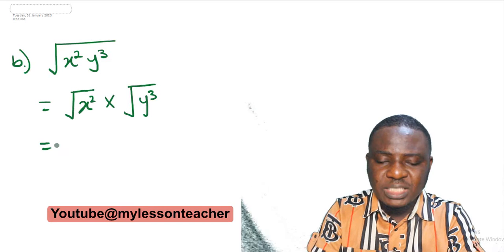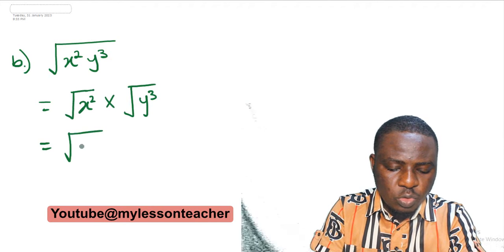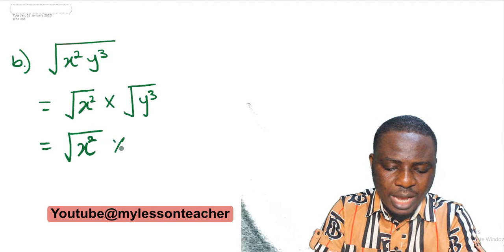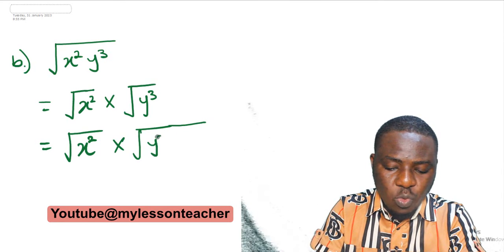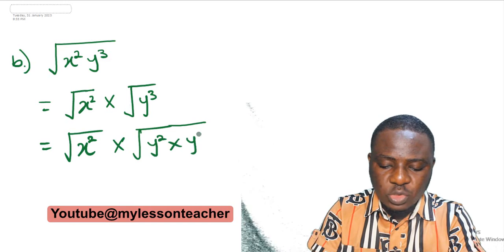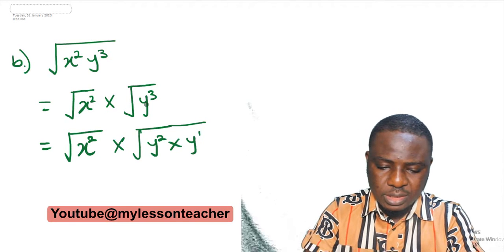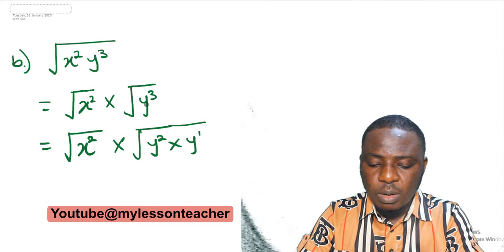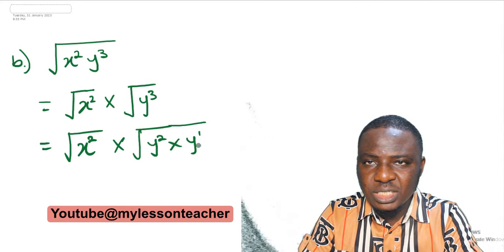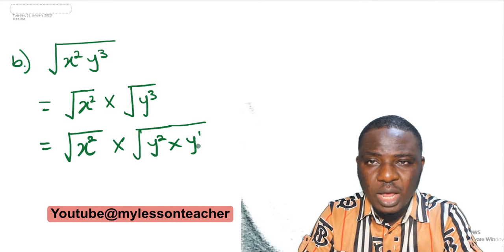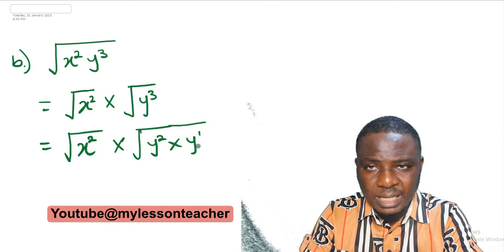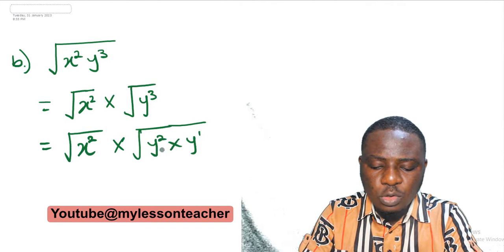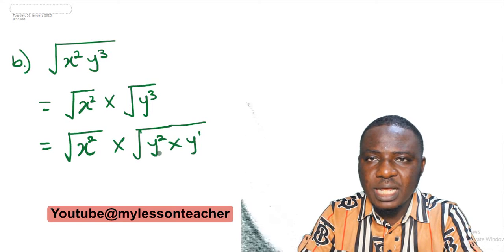And this can be further simplified to be root X squared times root Y squared times Y. Y squared times Y is also equal to Y cubed. But why am I separating this? Because I know that the square root of a square is that number, so I want to also simplify this. That's why I did that.